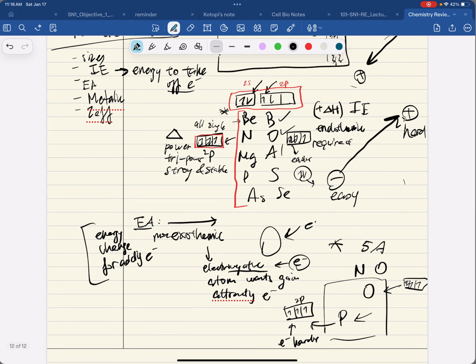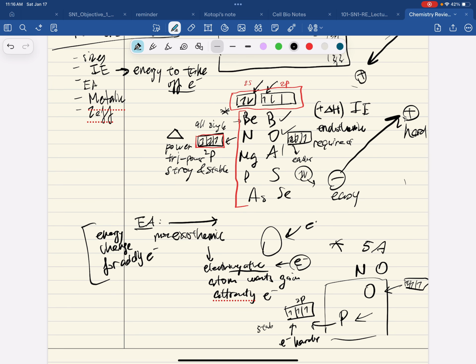So this is a lot more stable, and this one therefore acquires an electron with, oh sorry, no, more energy that is released. Yeah, more energy that is released.